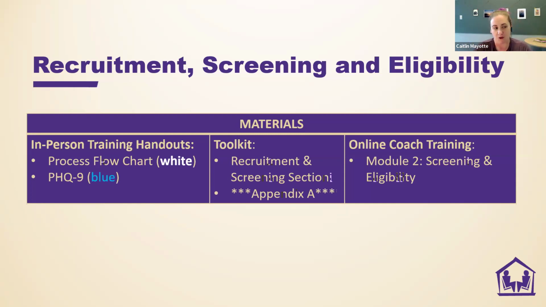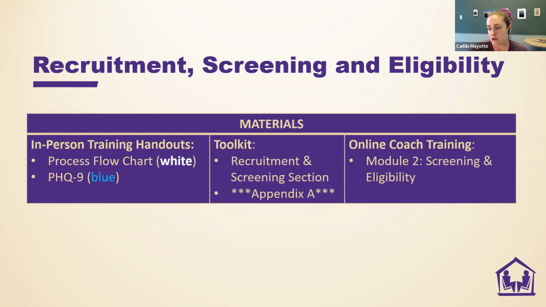We do recommend, if you are doing handouts as part of your in-person training, color coding is super helpful to just say, okay, pull out the blue form, and then we're going to go through that. It just makes it easier, more efficient for you, but you can make them whatever color you want.